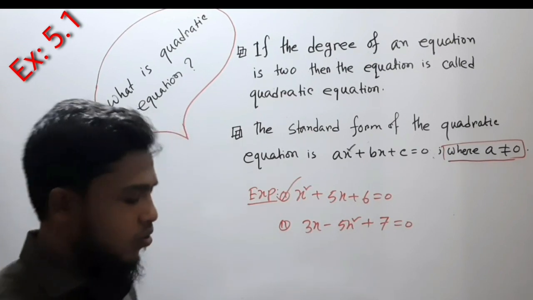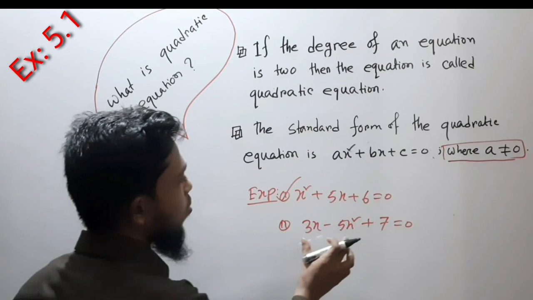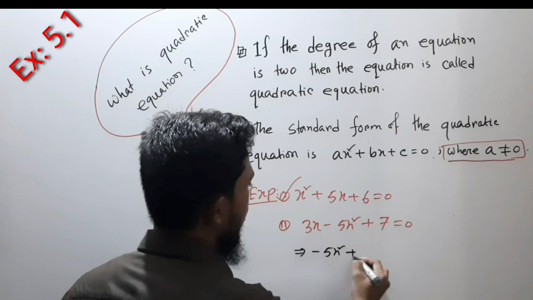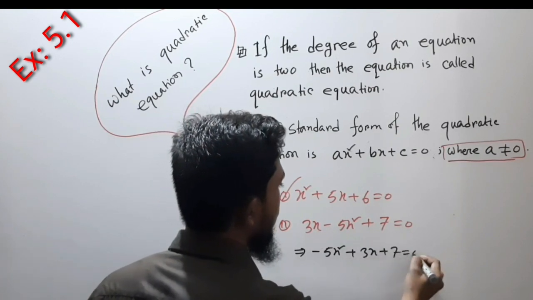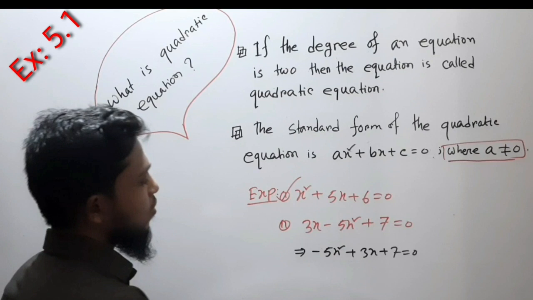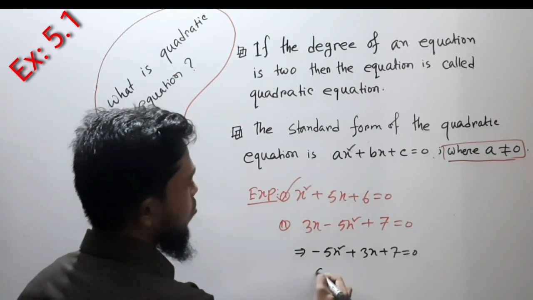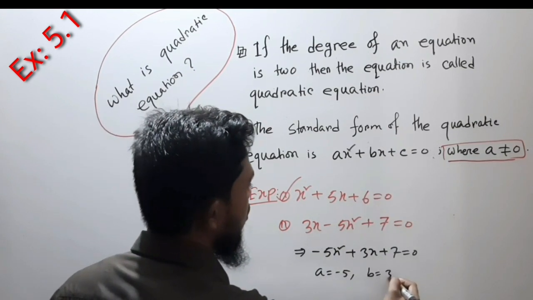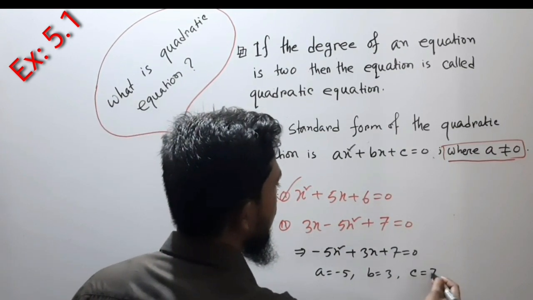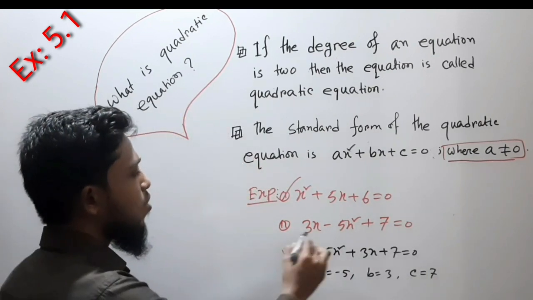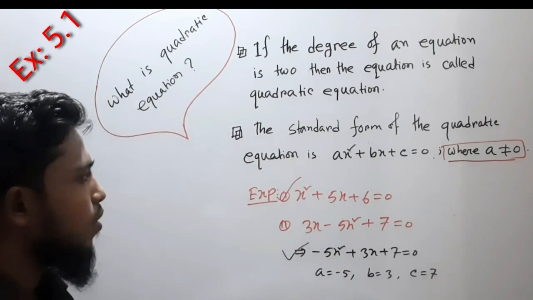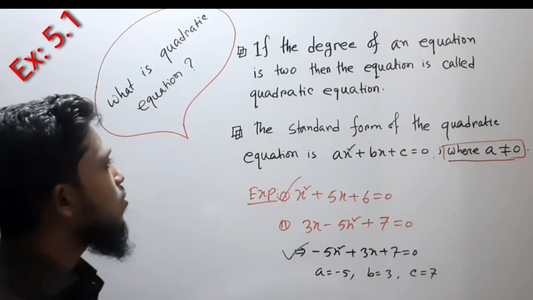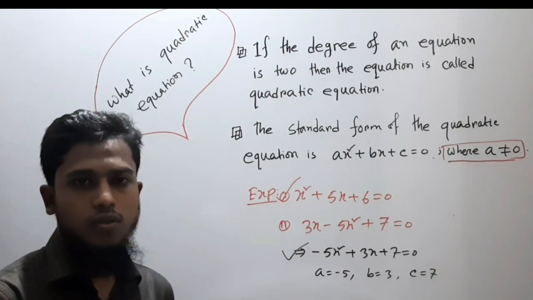So we can write the standard form of this equation: minus 5x square plus 3x plus 7 is equal to 0, where the value of a is equal to minus 5, the value of b is equal to 3, and the value of c is equal to 7. This is the standard form of a quadratic equation. Dear students, I think all of you have understood the standard form of quadratic equation.